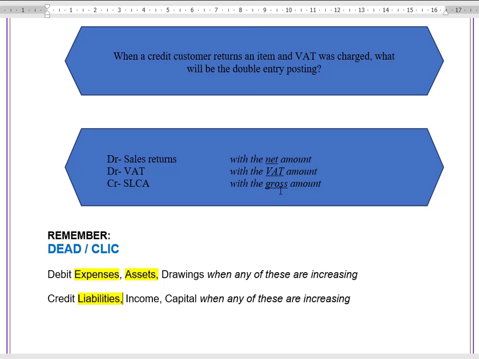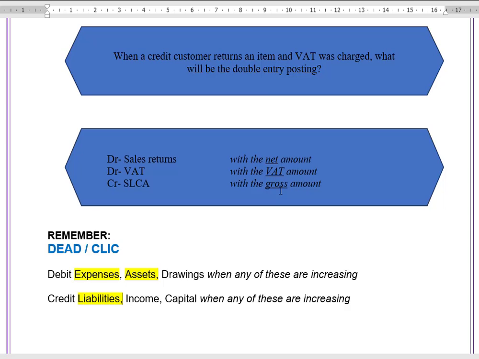But do not forget that the sales returns on its own, in standalone, is usually a debit balance, and it is seen as an expense. But don't forget that when you have a transaction where you have a customer that has returned an item, a transaction has taken place, and that transaction will lead to a double entry effect in your accounts.